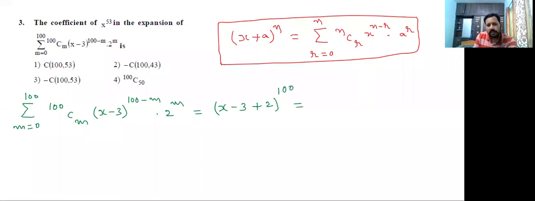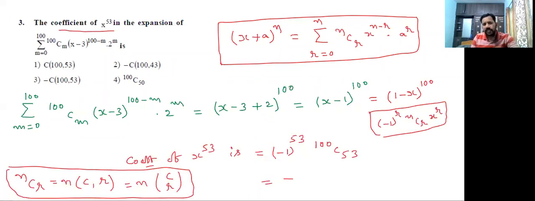That means (x minus 1) whole power 100. We can write another form also. The power is 100 now. (1 minus x) whole power 100. Both are correct. The power is 100, take minus common. But see the question what they are asking here.